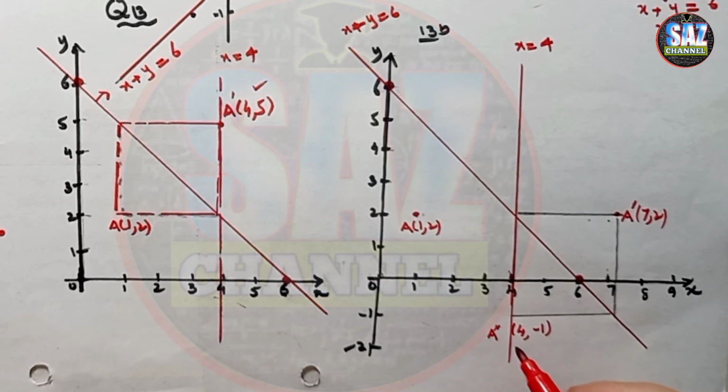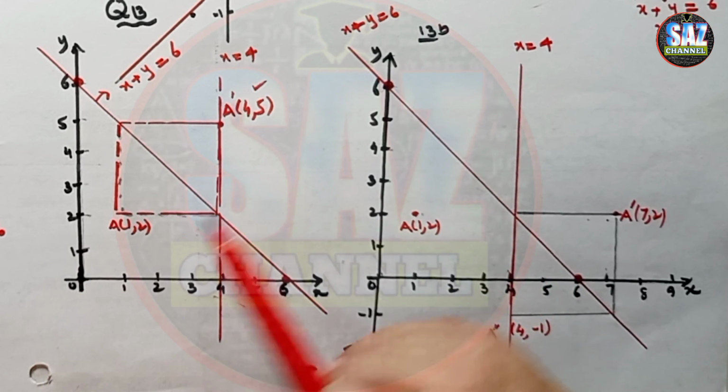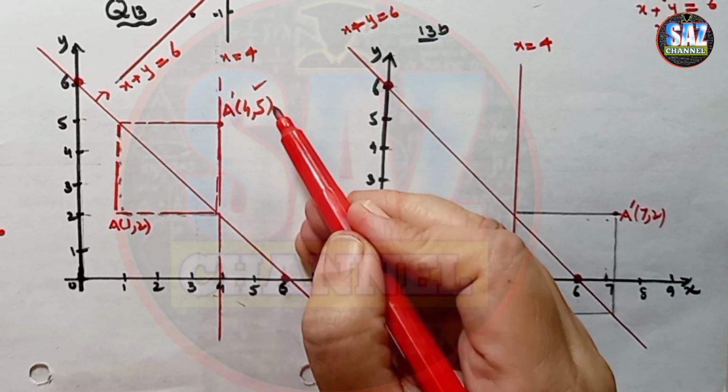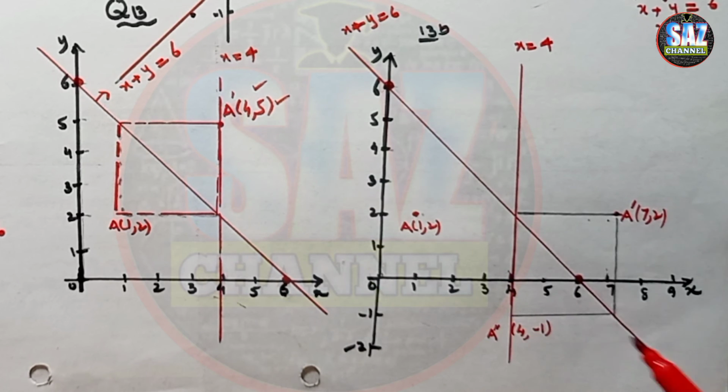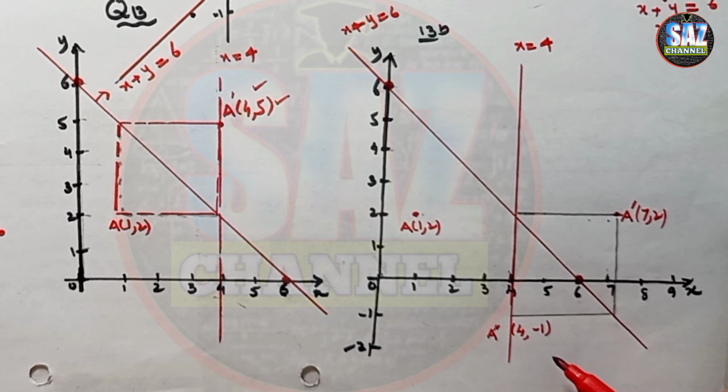These are the coordinates of the final image. If we look at the previous part, the final image had the coordinates 4 and 5, but in this case the final image has the coordinates 4 and minus 1. The question is asking whether the reflection is commutative, because in both cases we are not getting the same answer. So the reflection is not commutative.